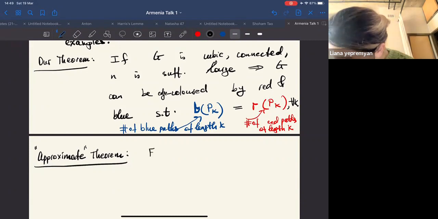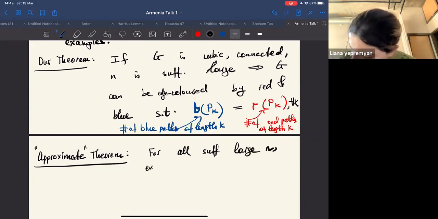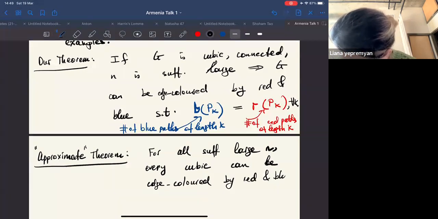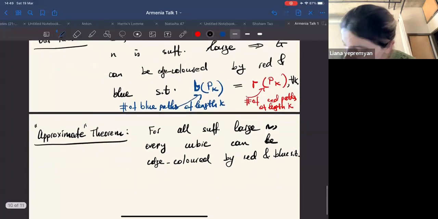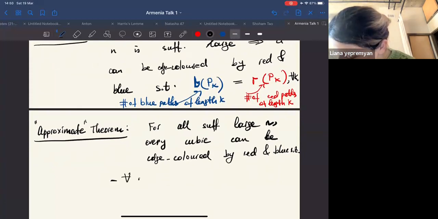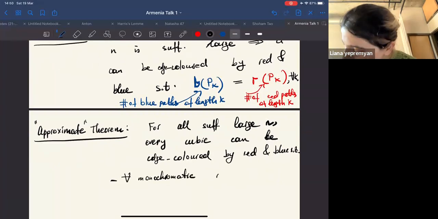For all sufficiently large n, every cubic graph can be edge colored by red and blue, such that three conditions hold. The first one is that every monochromatic component is a path.